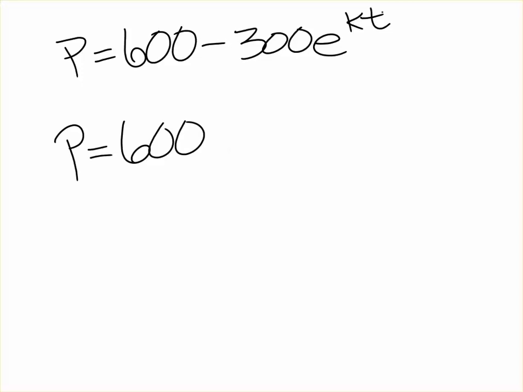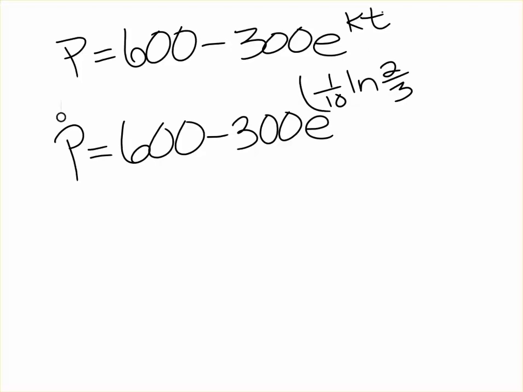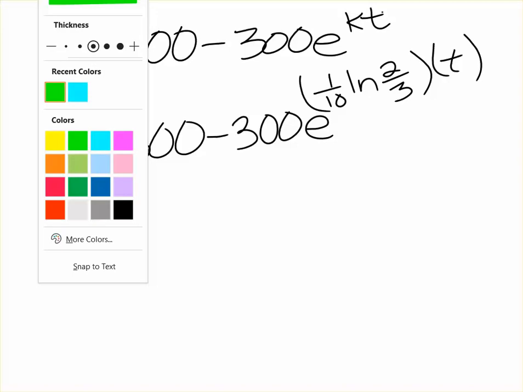So just substituting in our value for k, P equals 600 minus 300e to the, now k was 1/10 natural log of 2/3, times t. Looks a bit messy, but that is our final equation.